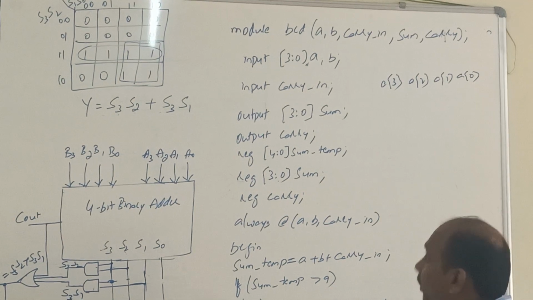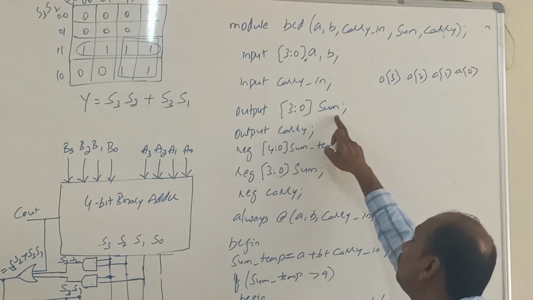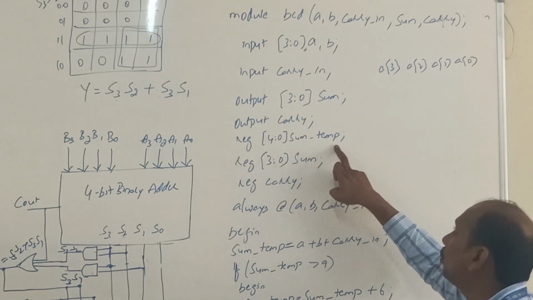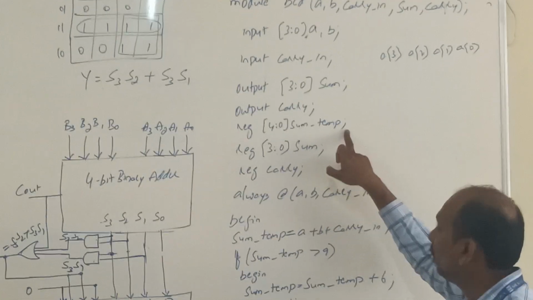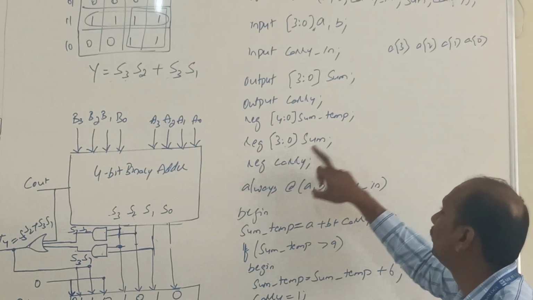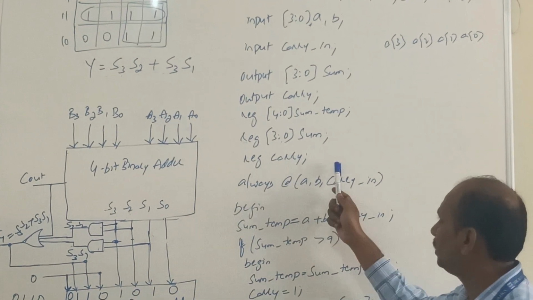Similarly, I have input carry underscore in, output 3:0 of sum, output carry, reg 4:0 sum underscore temp. This is the temporary variable, and reg 3:0 sum and reg carry. So I have got all these things.